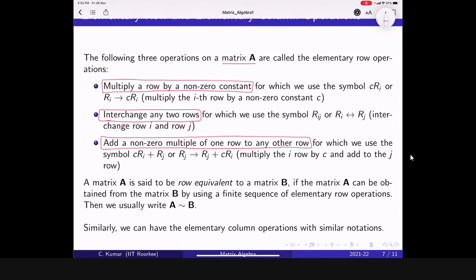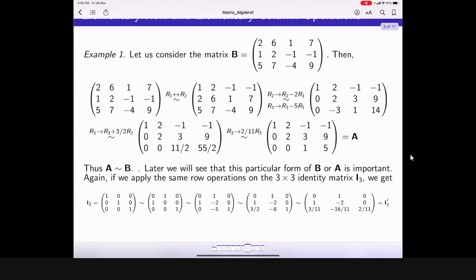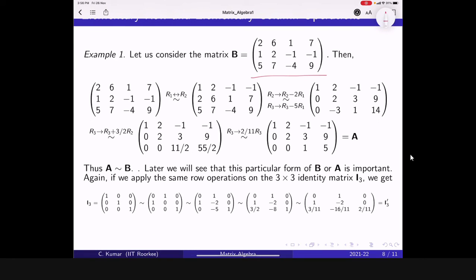So you have simply, let us say, this matrix and you multiply the first row of the matrix by, let's say, some constant 2, and then you get a new row which is 4, 12, 2 and 14, and the remaining rows are the same. So this is multiplication of the row by a constant.